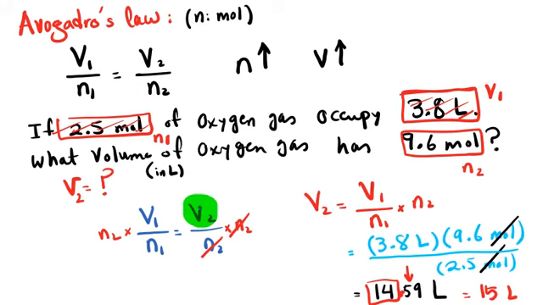As we predicted, we got a number greater than our initial condition of 3.8, and it does make sense. Another law I'm going to talk about is Dalton's law.